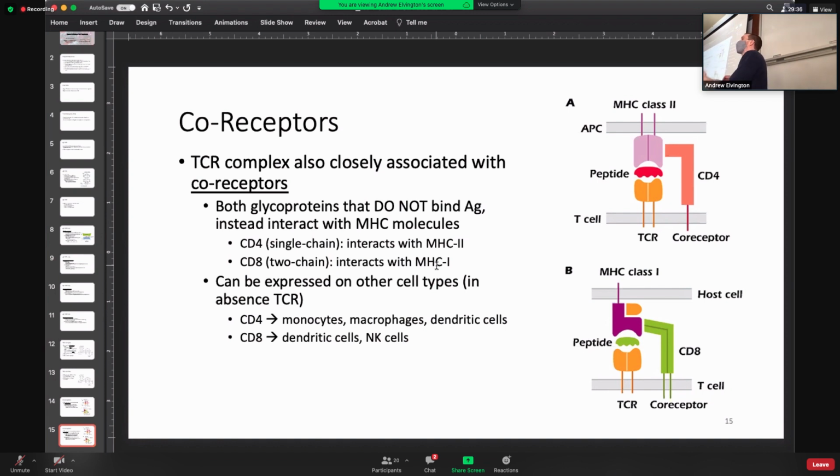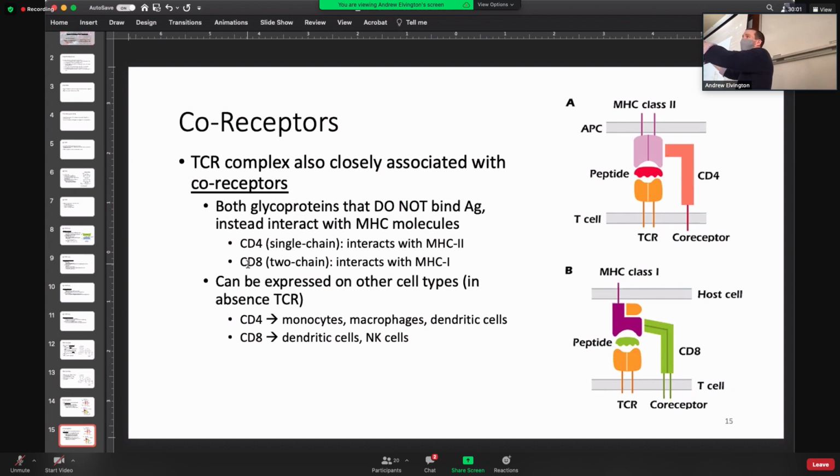CD4 T cells can only see antigen that's complexed with MHC class 2, and part of that is because the co-receptor CD4 can only interact with MHC2. CD8 can only interact with MHC1, so CD8 positive T cells can only see antigen that's presented by MHC class 1.